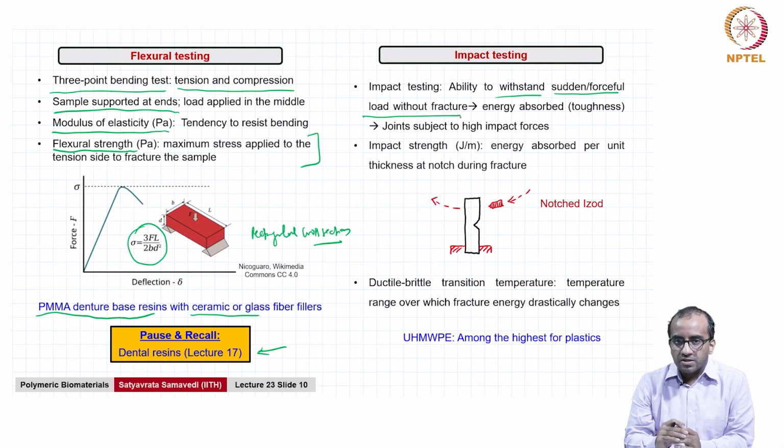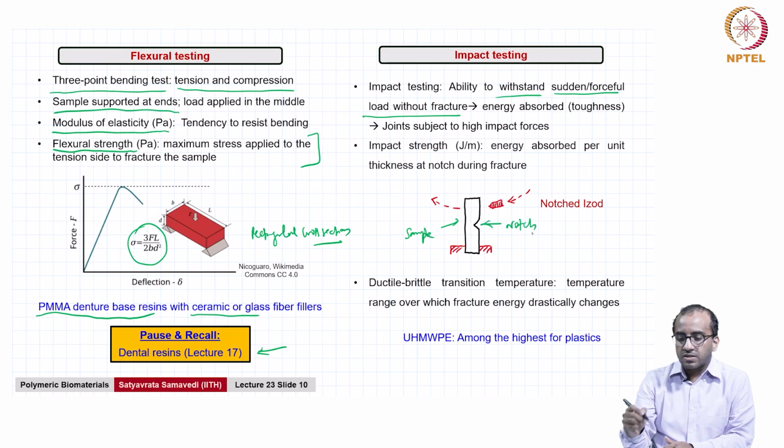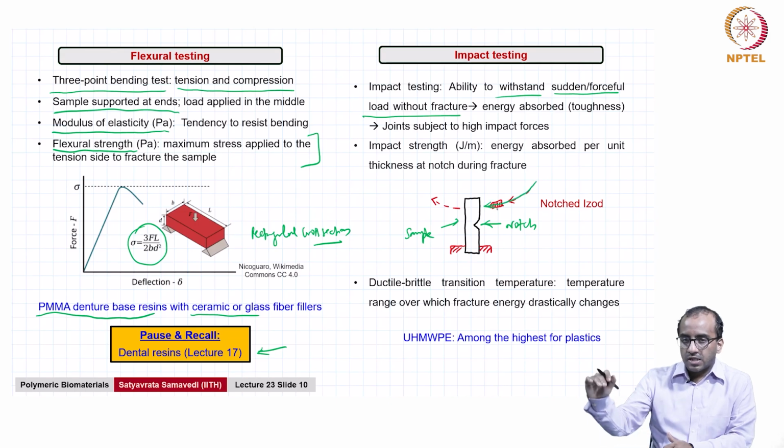What's shown here is what's called an IZOD test. You have a sample with a notch anchored on one side, and a pendulum or a striker that's coming from one side. It's going to strike and go to the other side, and that's going to fracture the sample.